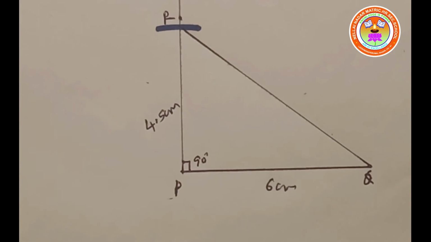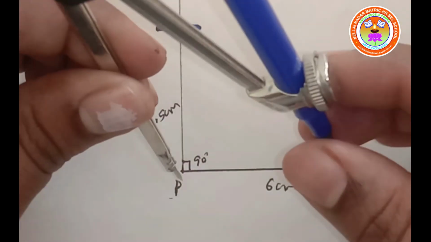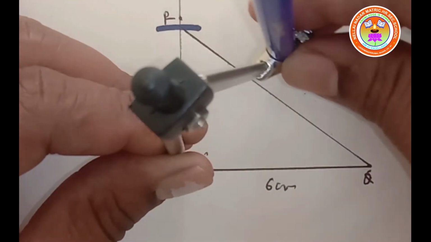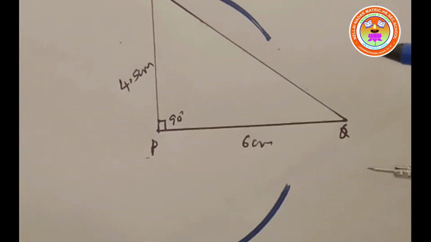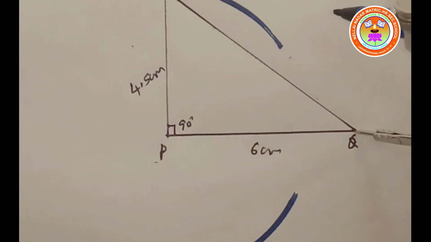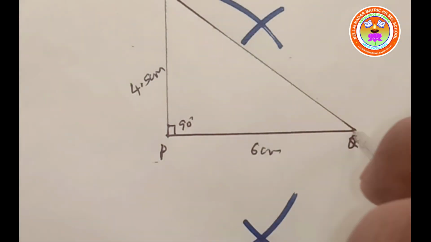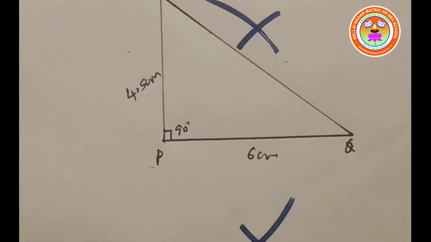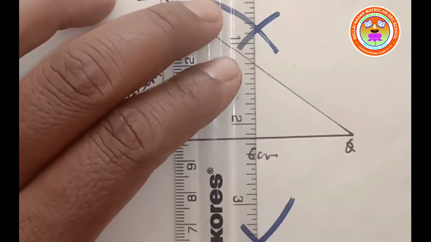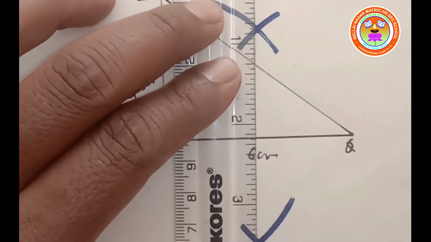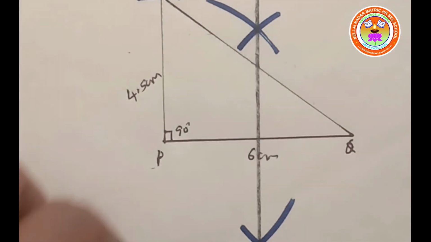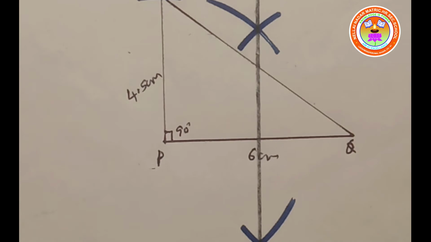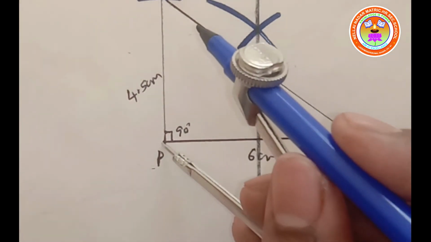You are going to draw a perpendicular bisector of PQ and PR. So from line PQ, with the same radius, with Q as center, take the same measurement and cut the previous arc. Now with the help of the scale, join the line through both arcs. Then from PR, again you are going to take the perpendicular bisector.